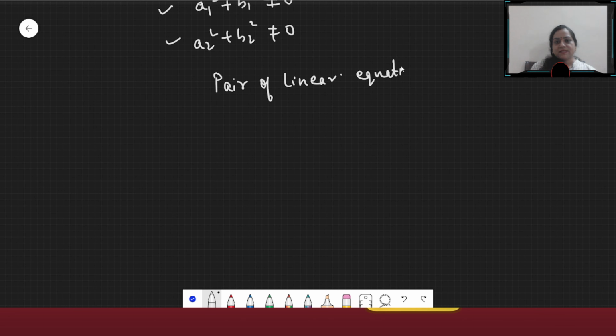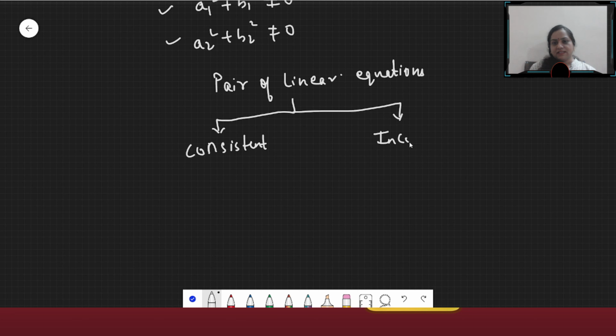Basically, when we are talking about a pair of linear equations, these can be of two types. The first type is they might be consistent, and the other one is they might be inconsistent. Now, when do we call them consistent and inconsistent?